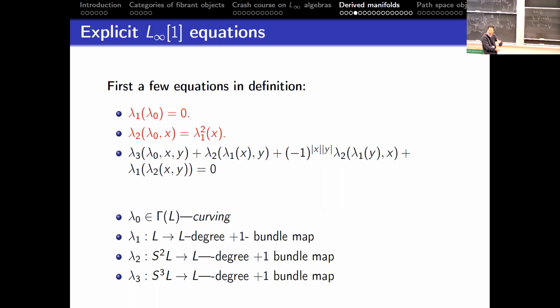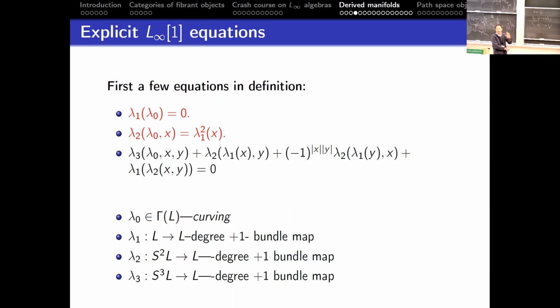That's why you get a different degree. Lambda zero is a section. Lambda one is a degree one bundle map. Lambda two is a degree one bundle map from the symmetric product to here, and lambda three. So L1 infinity algebra avoids all kinds of degree. All the degrees become degree one. So that's very good.